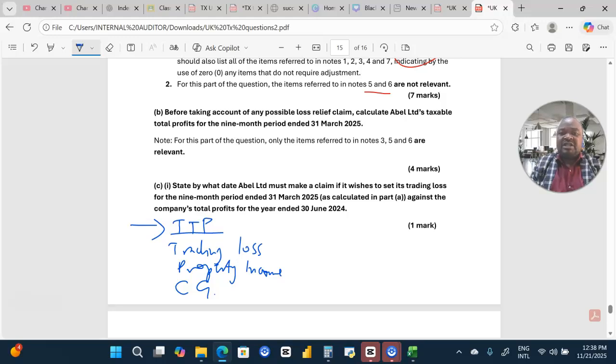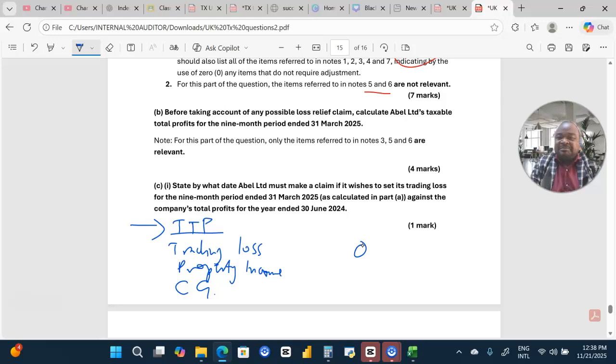It's a loss, and we need to ignore it. Or you can simply put a zero there, but it's safer to just ignore it, or sometimes you end up confusing yourself: should I put a zero or the actual figure? You need to ignore it because we don't tax losses. We only tax income. That's the rule, the UK rule at least.